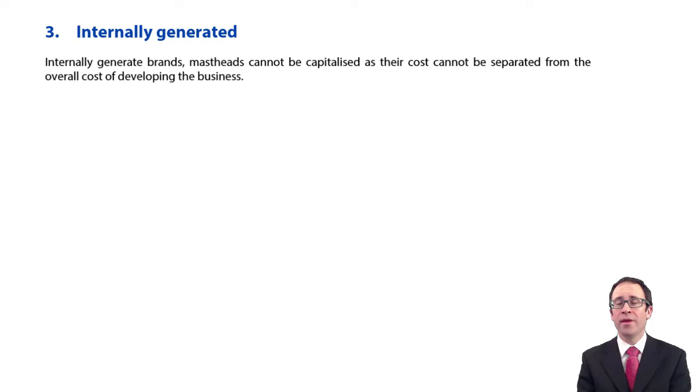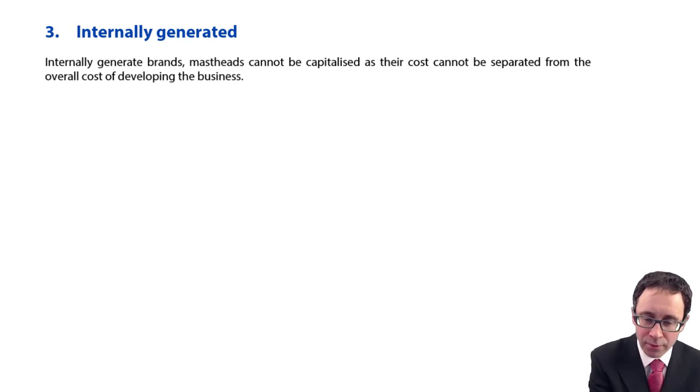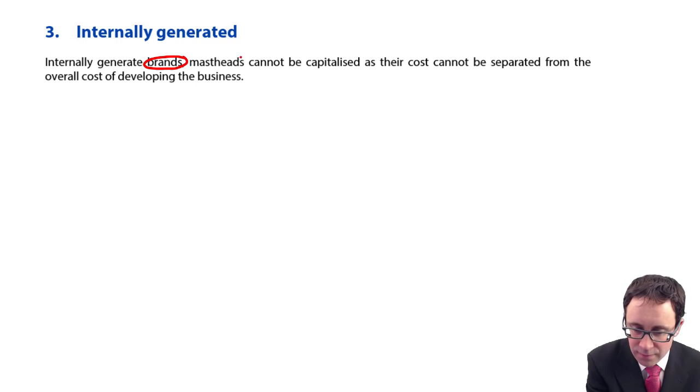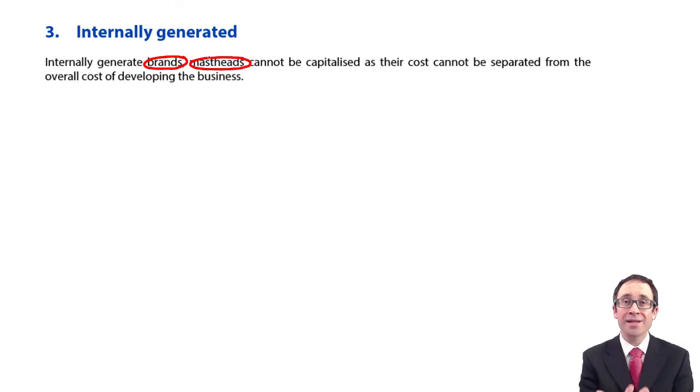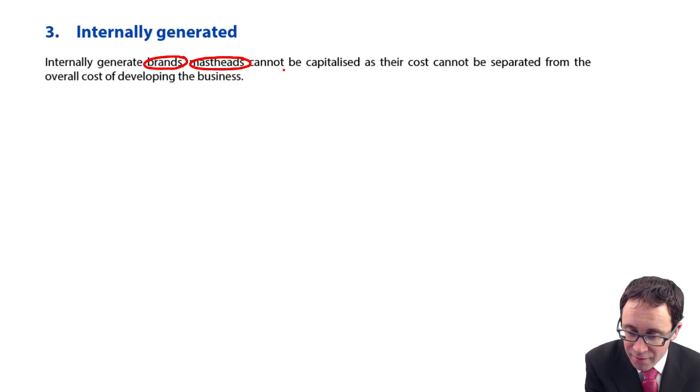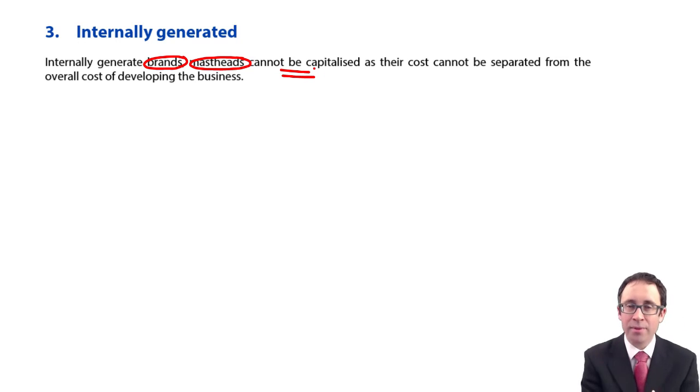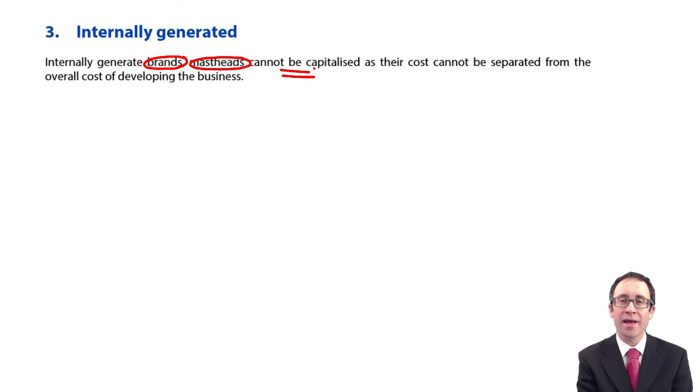The final bit, before in the next video we go through and look at some of the examples: you've also got internally generated intangibles. Your examples there are your brands and the mastheads. The key point about brands and mastheads is that they can never be capitalized in the individual company accounts.